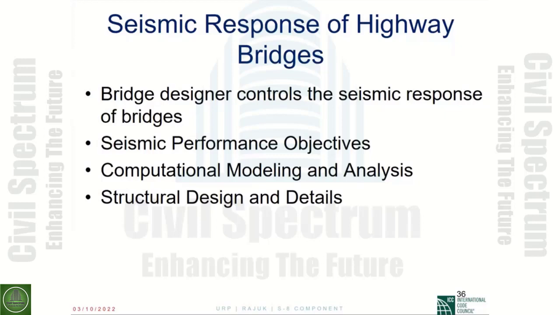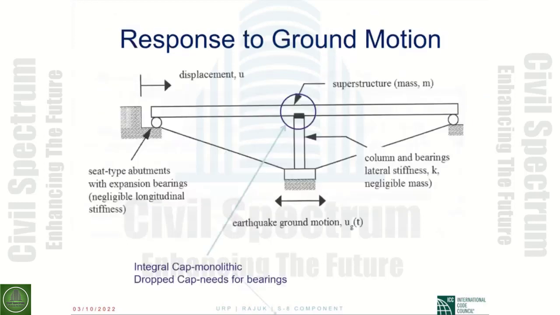For the sake of time, today we are not really covering the computational models for a bridge or the analysis. We are really focusing on the design and also details.